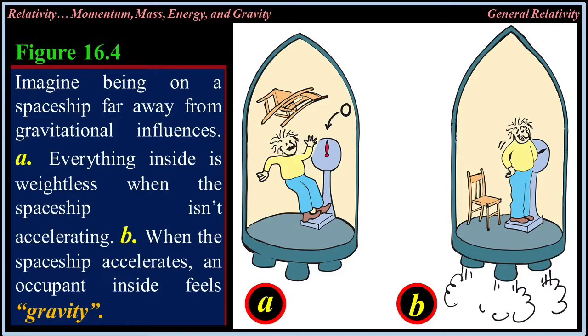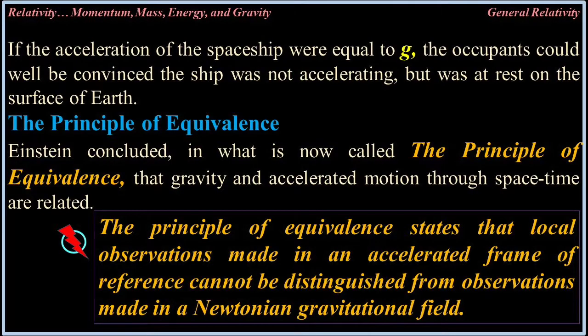B. When the spaceship accelerates, an occupant inside feels gravity. Einstein actually envisioned himself in elevators, not spaceships. If the acceleration of the ship were equal to g, the occupants could well be convinced the ship is not accelerating, but was at rest on the surface of Earth.